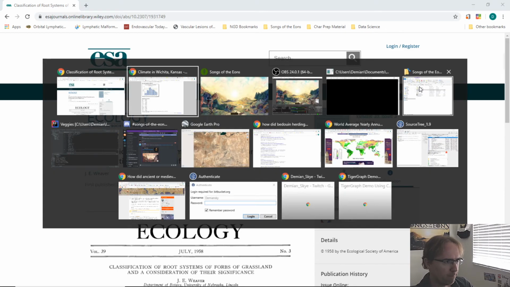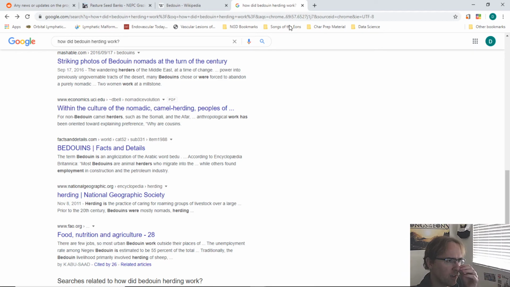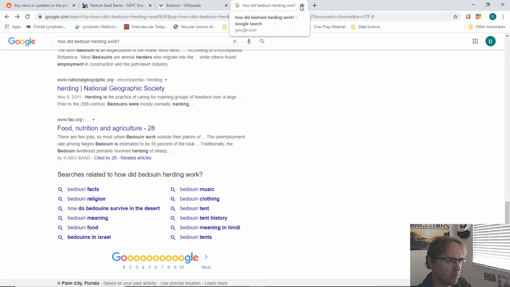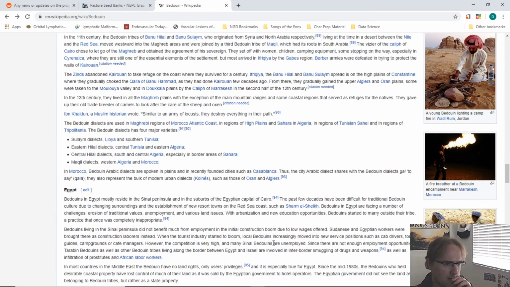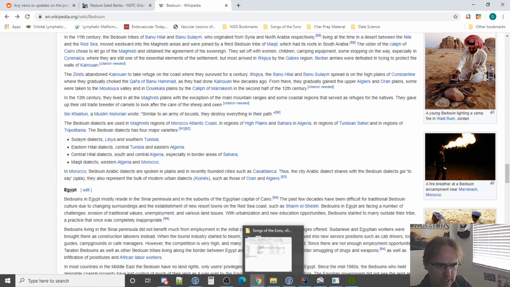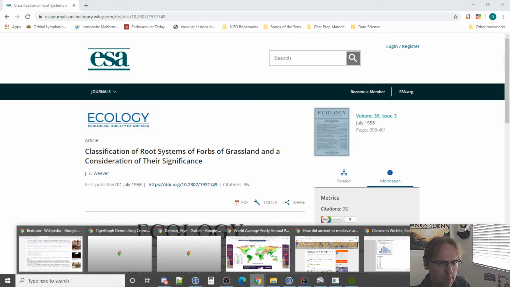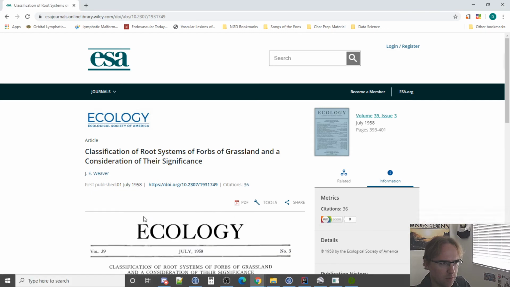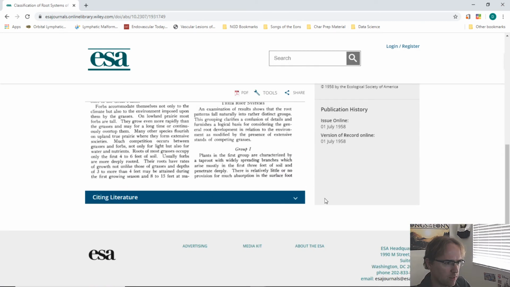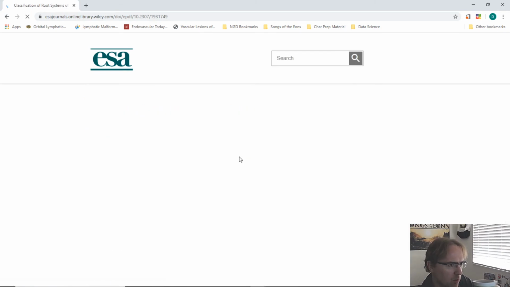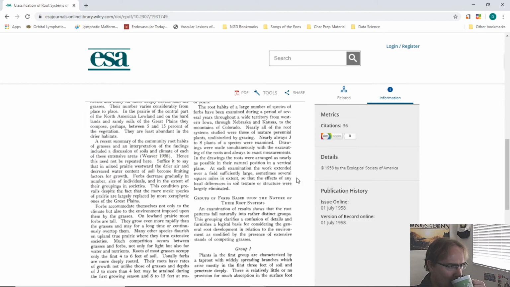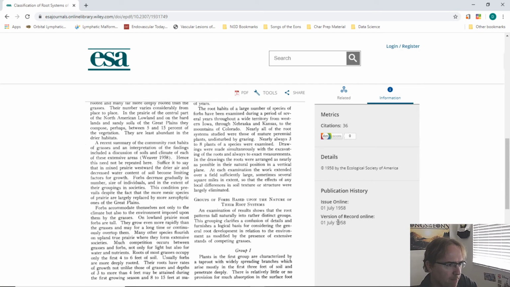Let's see, let me find where I was looking up some information about Bedouin herding, for reasons I will explain later. Classification of root systems. I need to read through this. Is the PDF available? No. Damn.